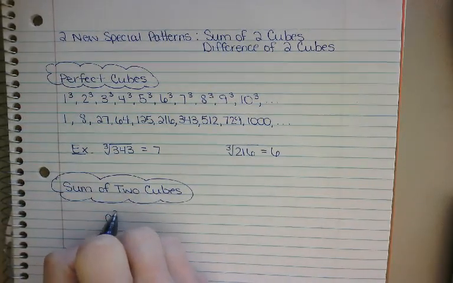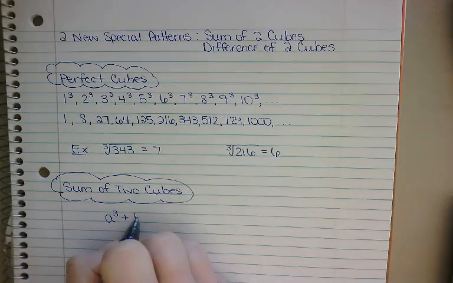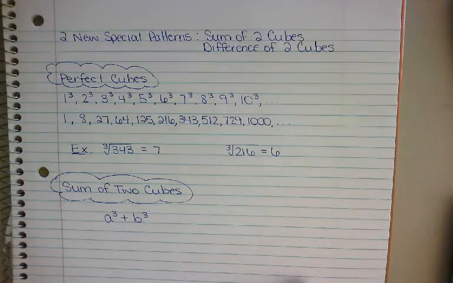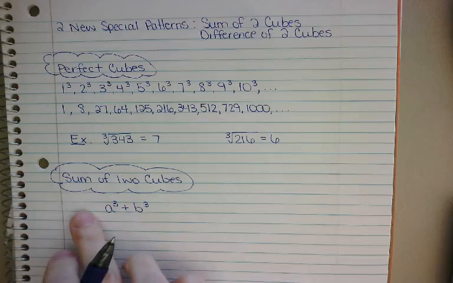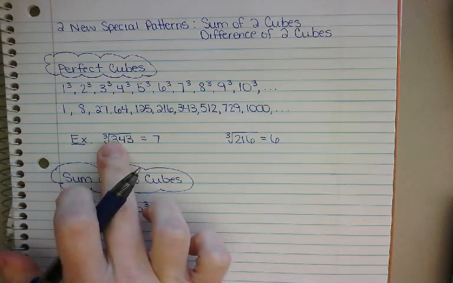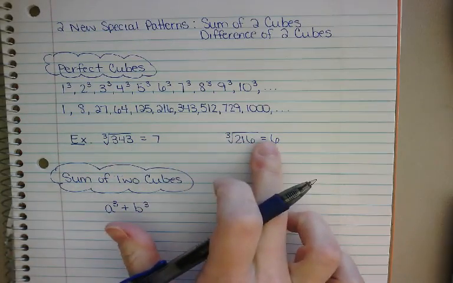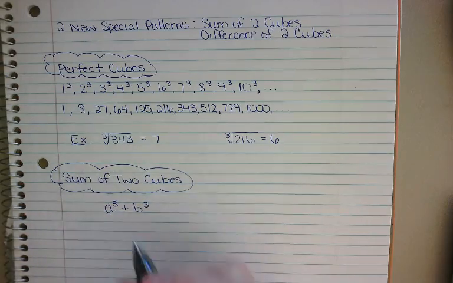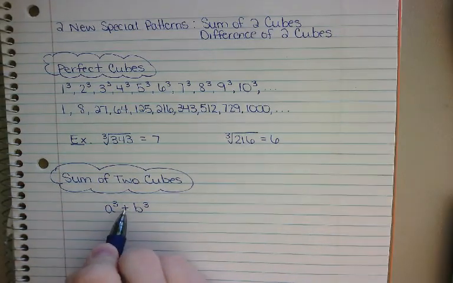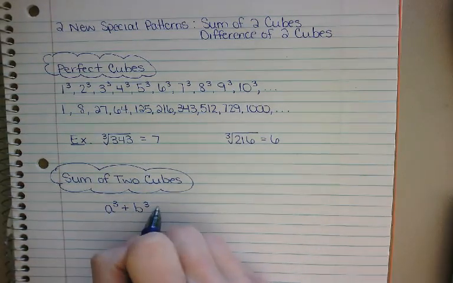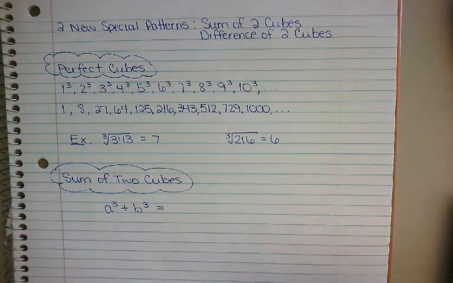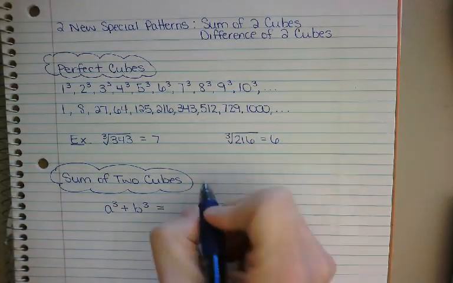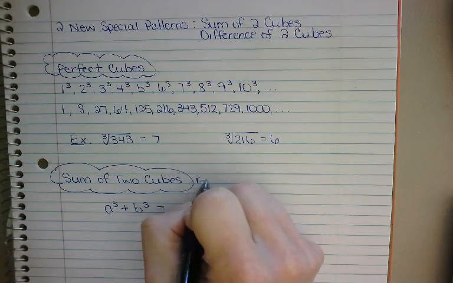The first number is a perfect cube, they're adding, and the second number is a perfect cube. And again, if you don't know if those are perfect cubes, then you can use your calculator to see if those numbers come out to be nice whole numbers. But if you see that they are adding two cubes, the result is going to be a binomial times a trinomial.